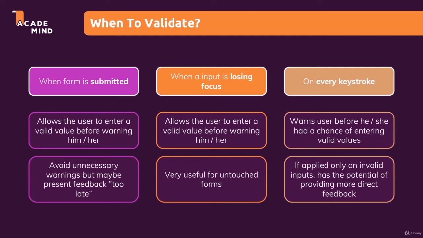But now that we do actually allow the user to provide a valid value first by listening to the lost focus and the form submission, now that we're doing that, we also want to give the user a chance of getting immediate feedback, direct feedback on every keystroke when it comes to fixing that invalid value. So that's what we're going to do now.